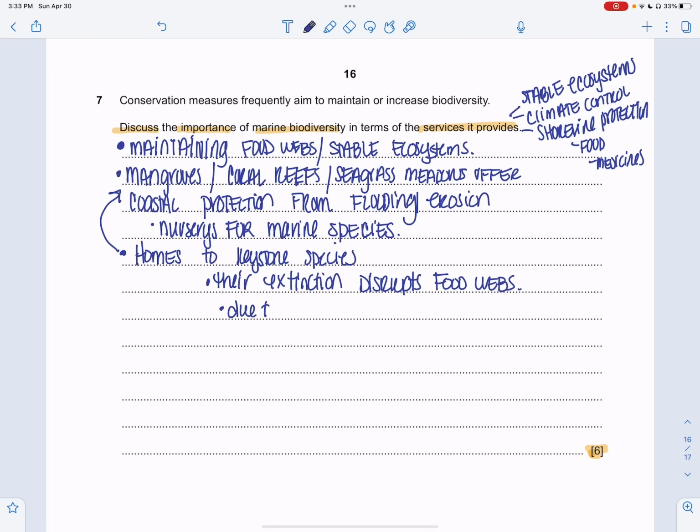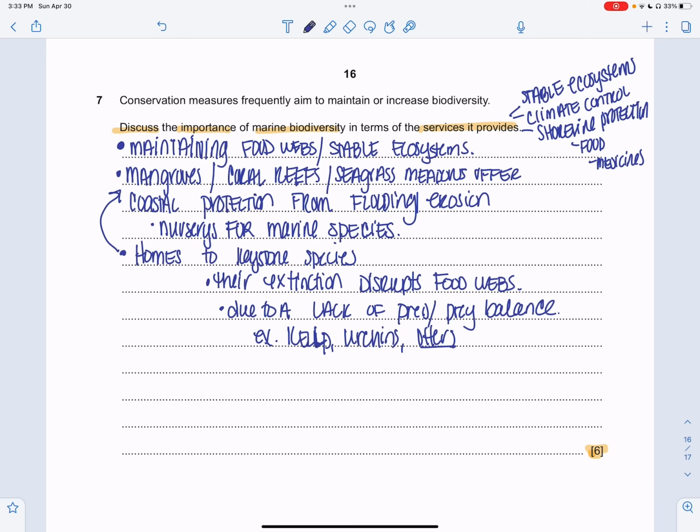This would be due to a lack of predator-prey balance. And it's not in the mark scheme, but I would probably give an example. So I would say, example, kelp, urchins, and then otters, with otters being your keystone species.